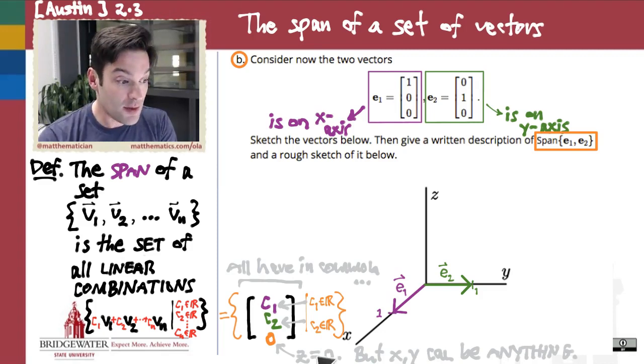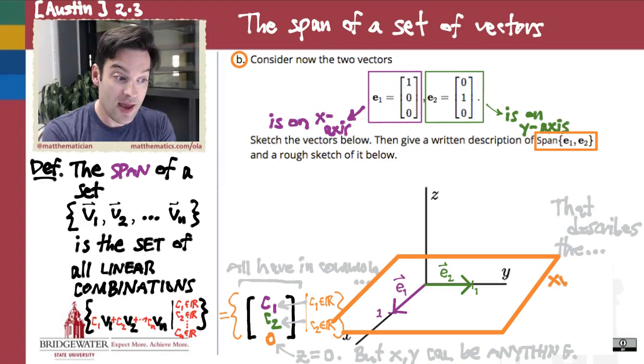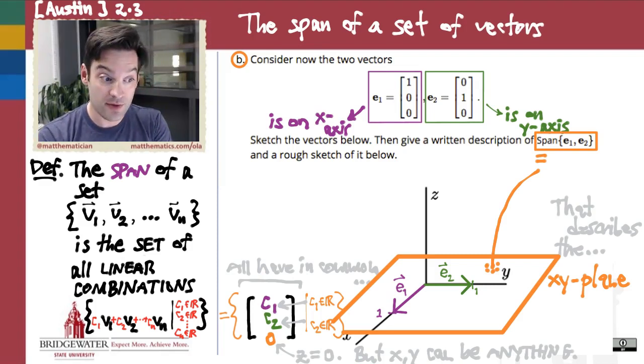So what we've got is a description of a set in which the x and y coordinates of my points can be anything they want to, but the z-coordinate of my points all have to be 0. Therefore, what I have is a description of what subset in xyz space? That's right, we're talking about the xy plane, the set of all points in xyz space whose z-coordinate is equal to 0, but whose x and y coordinates range over all real numbers.